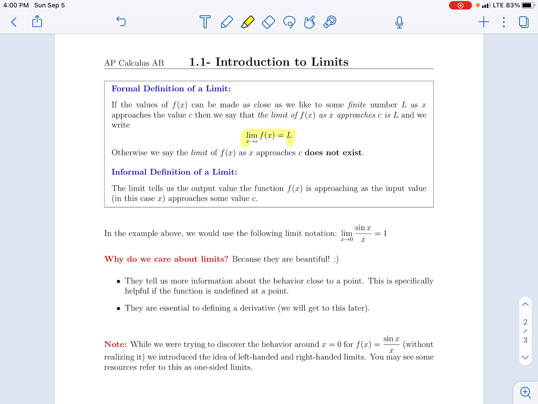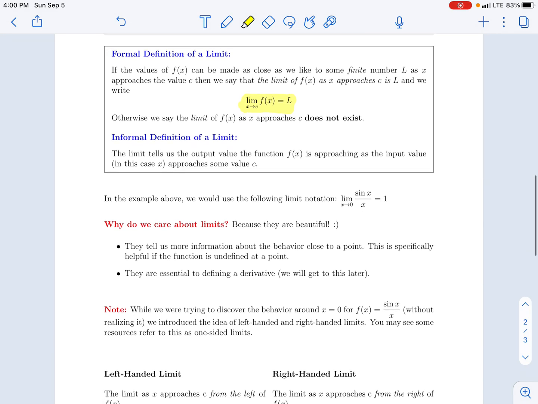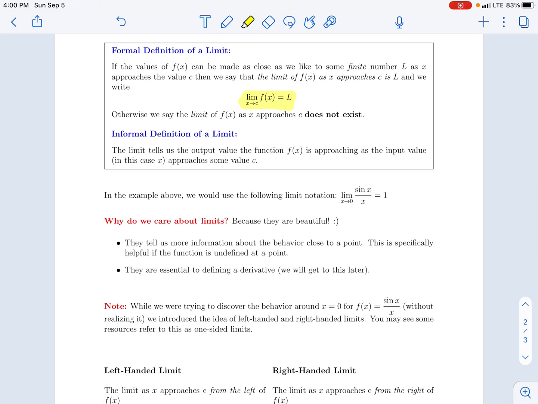You see lim, and right below it, x with the arrow c, and then f of x equals L. Otherwise, we say the limit of f of x as x approaches c does not exist. So if it doesn't approach a specific number, a finite value L, then we would say that the limit does not exist. But we'll talk more about that another time.